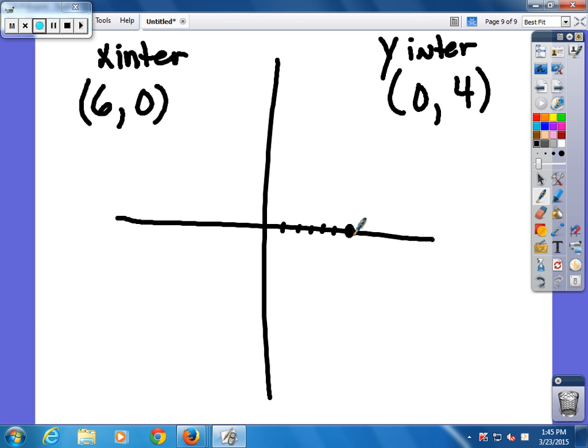And this one goes on the y-axis. And your line goes like that. I was trying there.